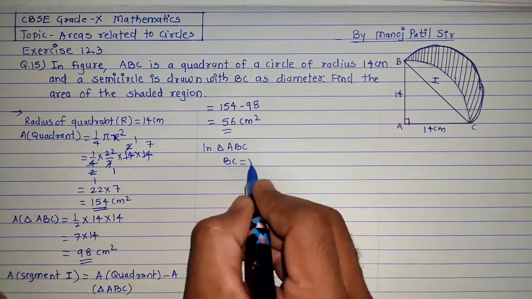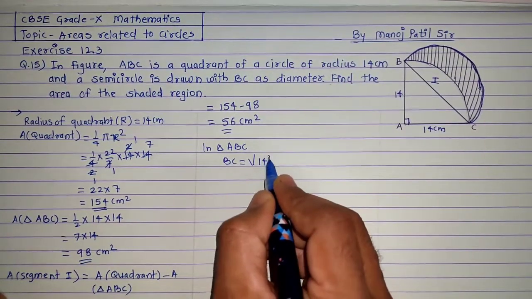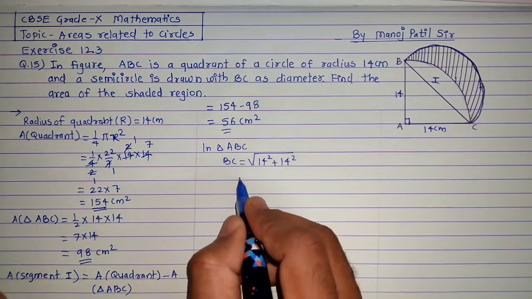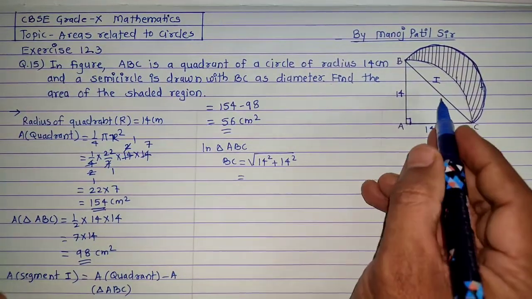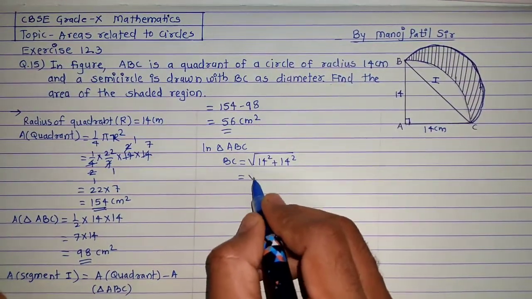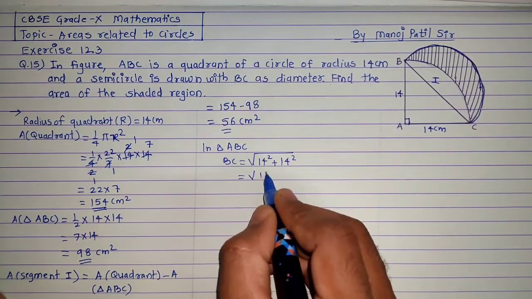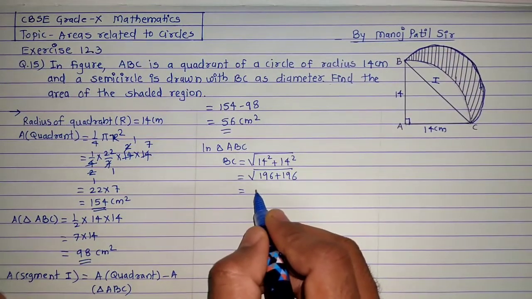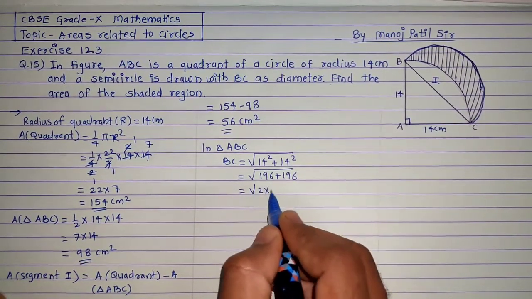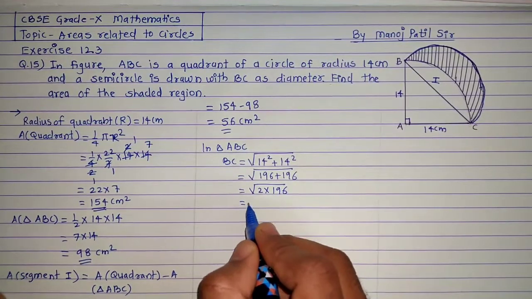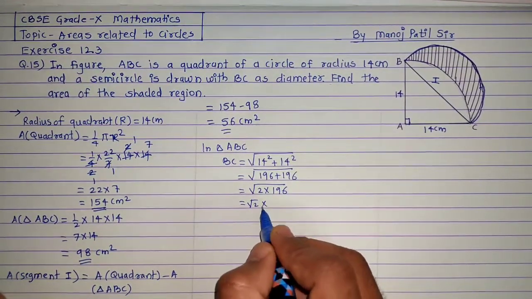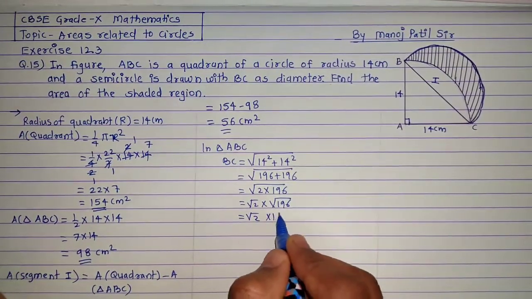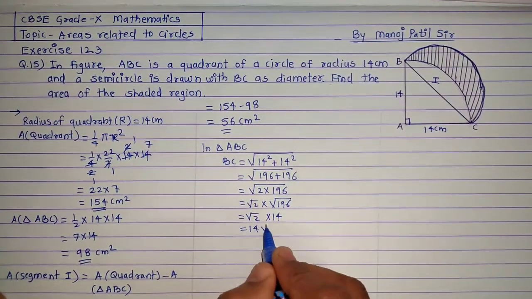BC is equal to under root 14 square plus 14 square, that is 196 plus 196, so 2 multiplied by 196, that is root 2 into root 196, which is 14 root 2.